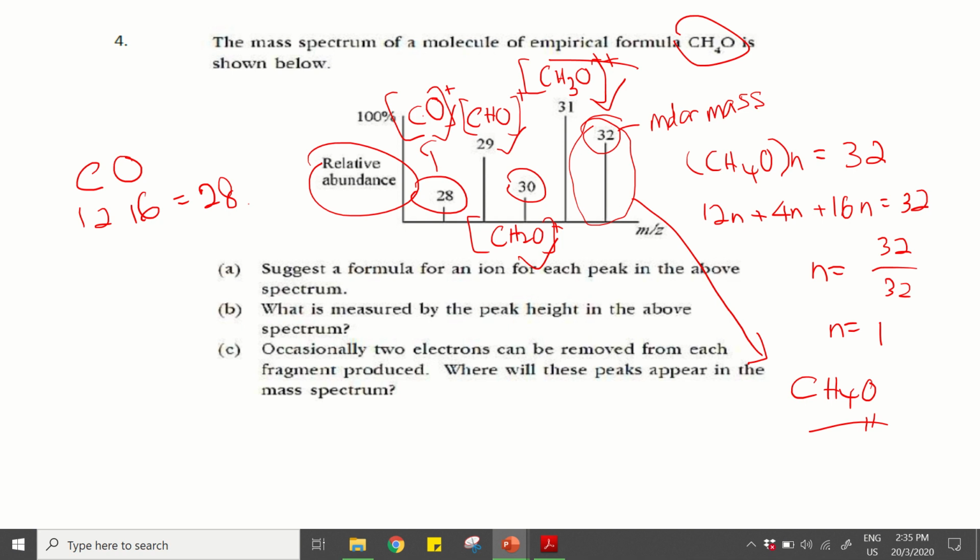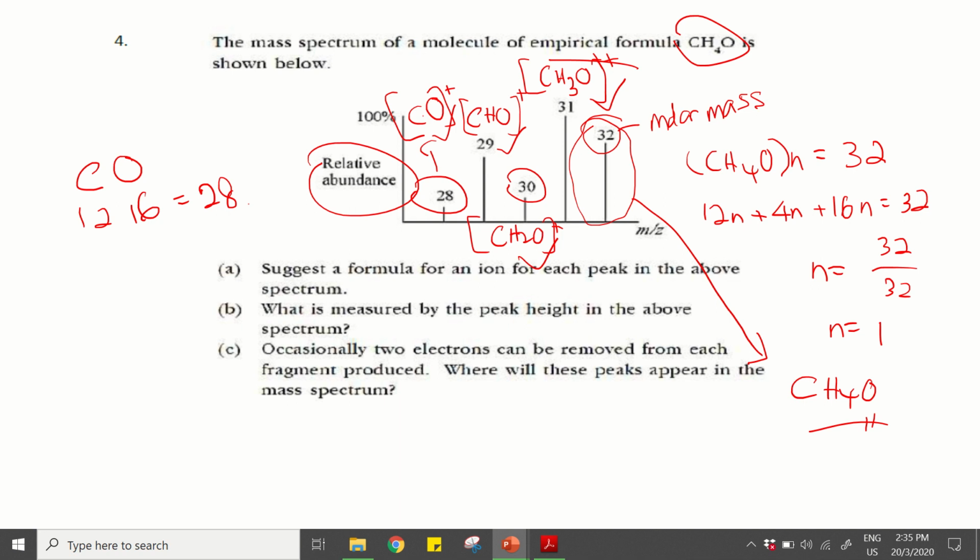Now this is quite random. So sometimes when you put the same sample in, it might give you CO as the one with the highest relative abundance, because it depends on how they break down the structure, how they fragment. So different fragments will have different mass, and different mass, different possibility to form the highest relative abundance. So this is quite random. All right, so that just shows you relative abundance.